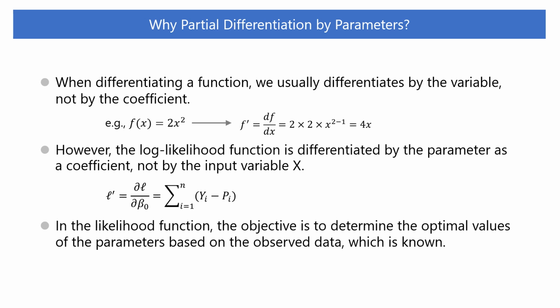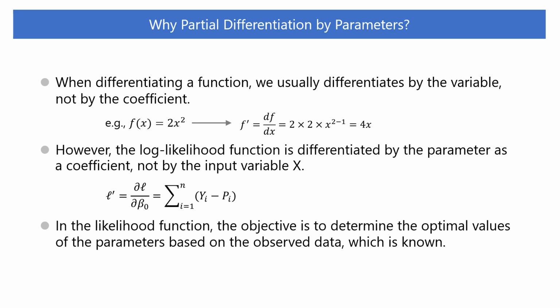The reason for differentiating a general function with x is to explore the behavior of the function as a function of x. On the other hand, in the likelihood function, the objective is to determine the optimal values of the parameters based on the observed data, which is known. Therefore, it is differentiated by the parameters, not the variables.